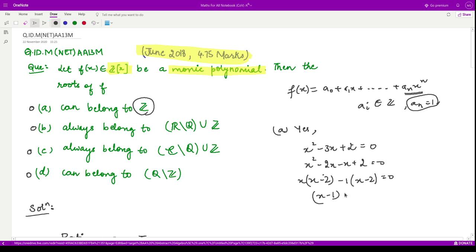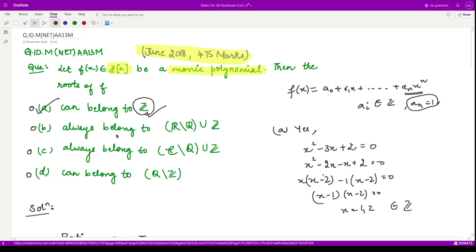So (x - 1)(x - 2), so x is equal to 1 and 2. Therefore, the roots of this polynomial belong to the set of integers. Therefore, there are polynomials whose roots belong to the set of integers. Therefore, this option is correct.